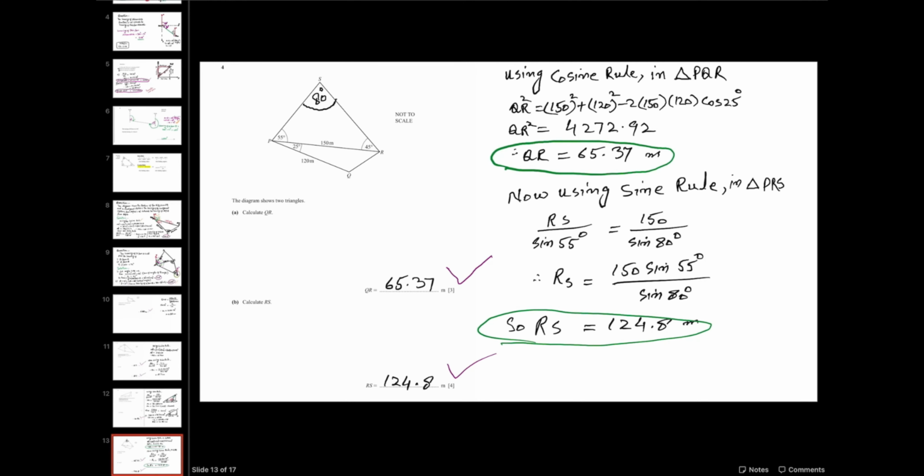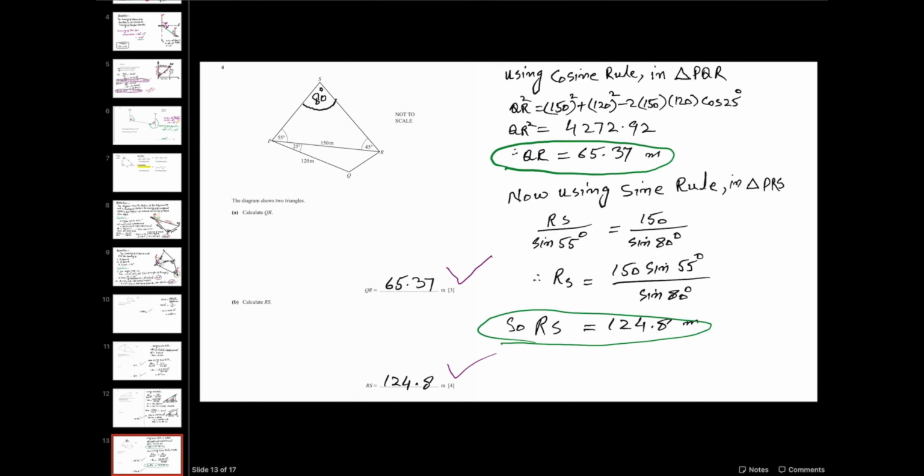That was part A. Now part B. Calculate RS. To find the value of RS, I am using sine rule in triangle PRS.